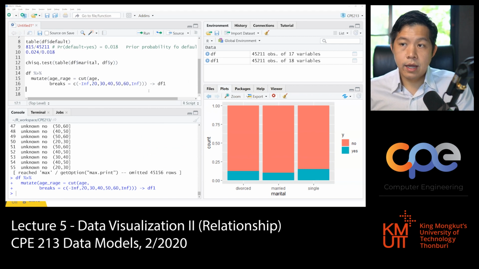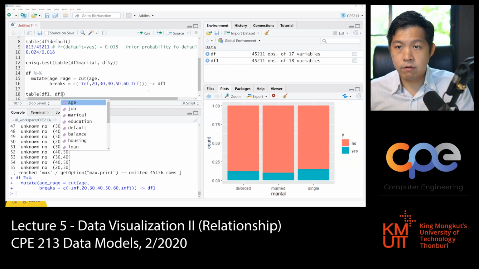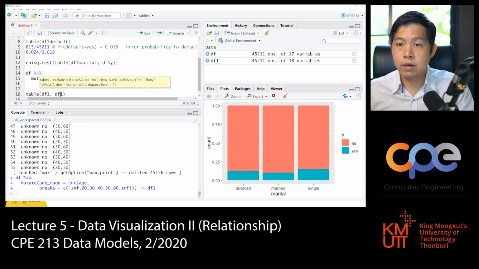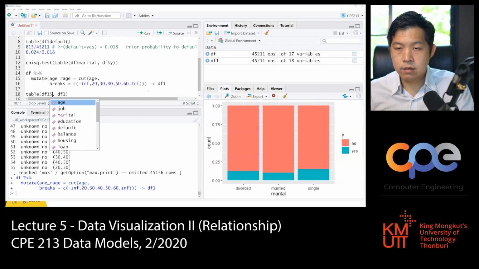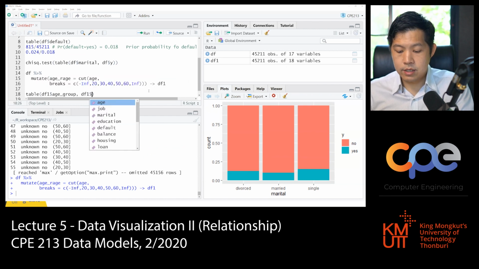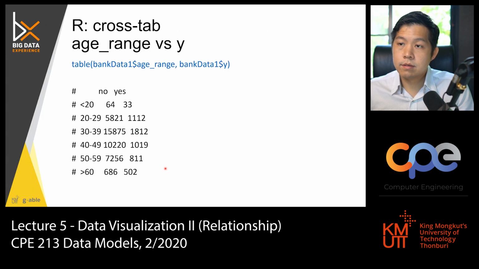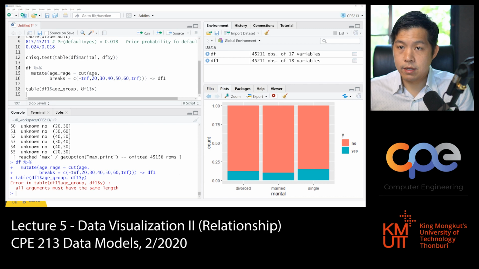And afterward, I can find the association table of df1$age_range and df$y. How come they are not the same length?